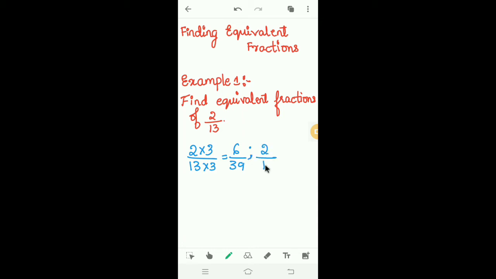Next we have to write the same fraction and multiply by the next number. After 3 which number will come? 4. 2 into 4, 13 into 4. 2 fours are 8, 13 fours are 52.